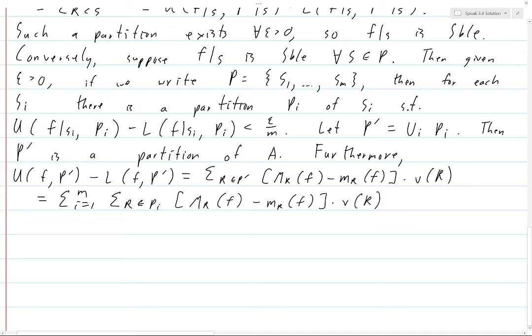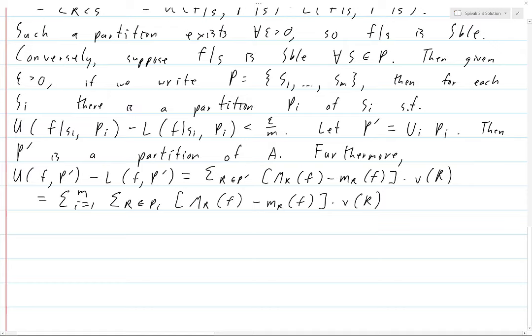When we're taking the M_R(f), we're only taking a supremum over a subset of S, so we can take f and restrict it to Si and get the same value, because we're not changing anything, times v(R). But now this is by definition precisely the upper sum of f restricted to Si with respect to the partition Pi, minus L(f restricted to Si, Pi).